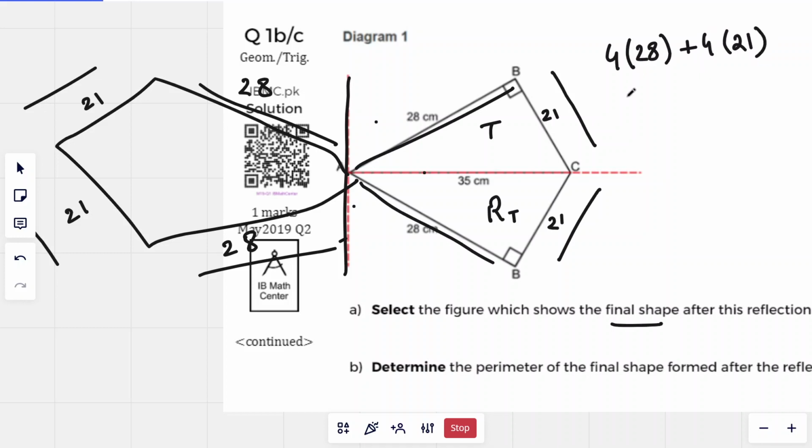So 4 times 28 will give us 80, and then 8 times 4, 32, so that should give us 112. And 4 times 21 should give us 84. So adding these two would give us 196 centimeters, being the final answer.